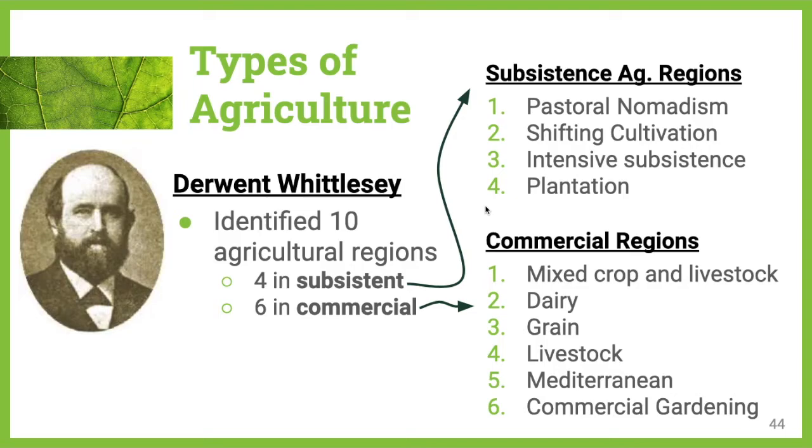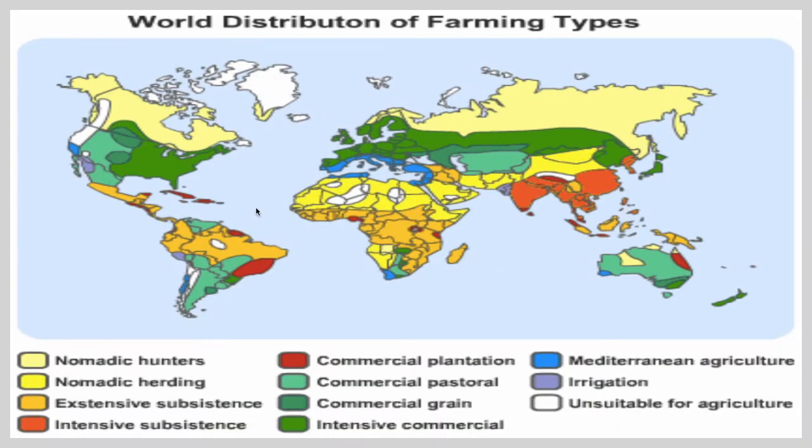But before we do that even, remember we looked at this map early on in this unit at some of the different farming types we see around the world and where we see them around the world. And you get an idea for this color palette. This is what we would call an isoline map, right? It's using the different farming types and then outlining or isolating certain areas regardless of national borders.